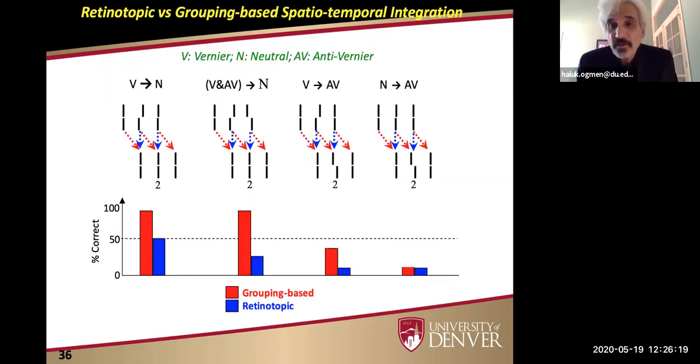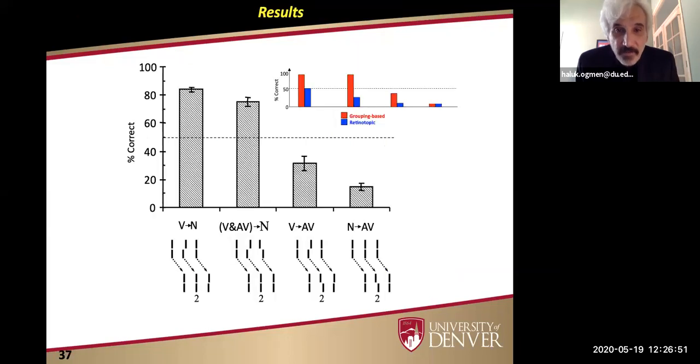I will not go through the results, by placing the probe vernier in different locations, adding other verniers, to test whether the two vernier offsets integrate or not. And in fact, all these experiments supported the same finding, in that the representation and integration of information in sensory memory occurs mainly according to motion grouping based reference frames and not retinotopic reference frames.